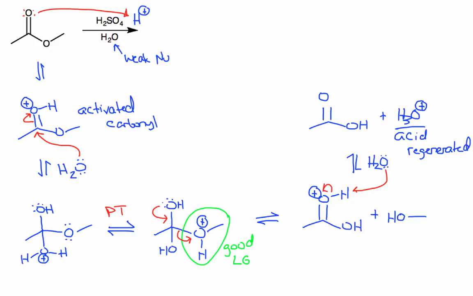So probably the most common way you would want to do this, since we're adding water in this first step, is by using an excess of water, which is definitely your cheap reagent. That's an easy way to drive this reaction.